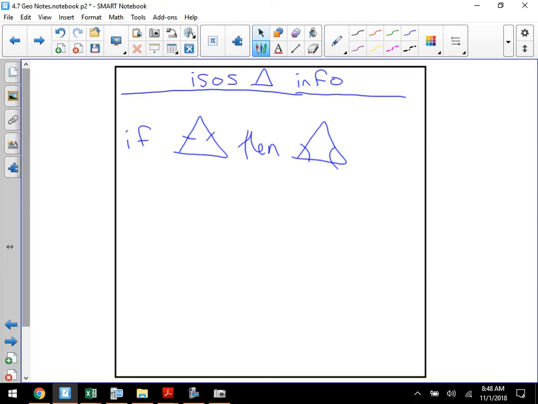That's what that means. And it goes the exact opposite as well. If you have the base angles congruent, then you have the sides congruent. The sides are always opposite the angles. The angles are always opposite the sides. That pattern will always hold. Very simple if-then statement.